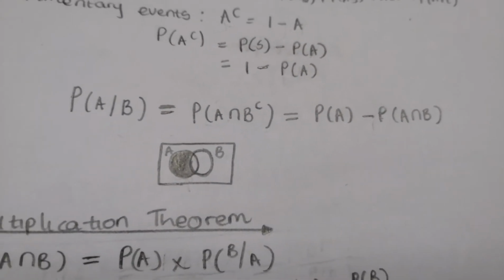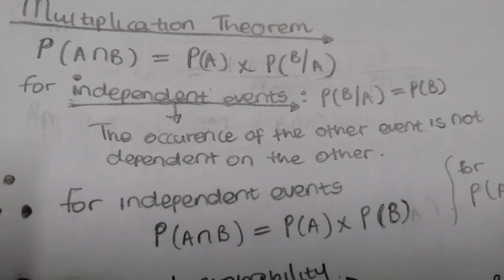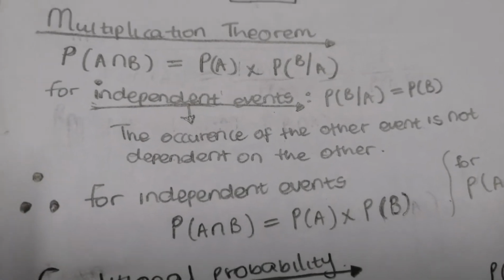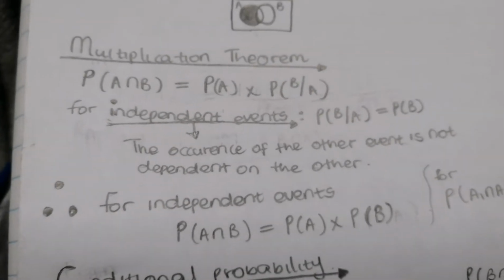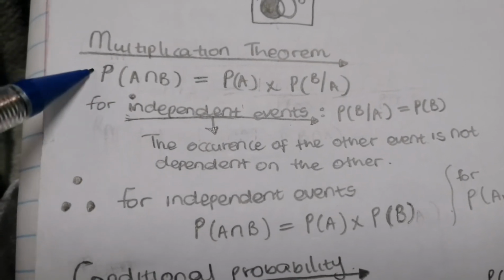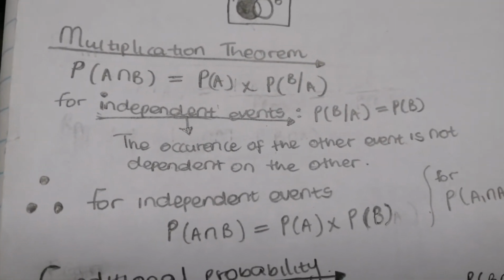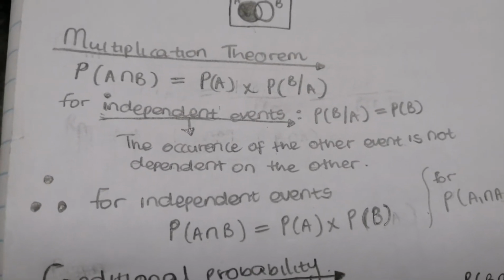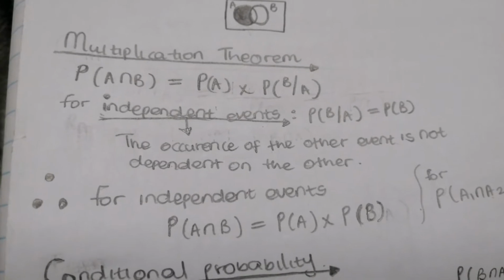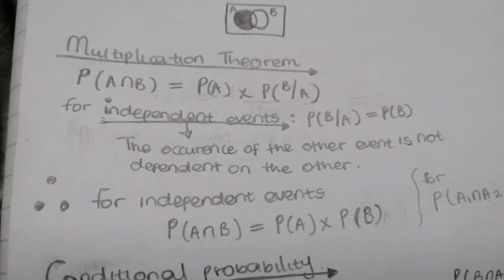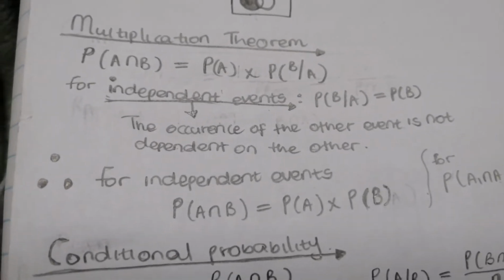So we move on and let's talk about the multiplication theorem. This is the standard multiplication theorem. We know that the probability of A intersect B equals the probability of A times the probability of B given that A has occurred, right?